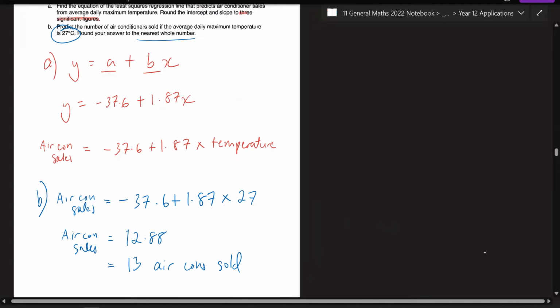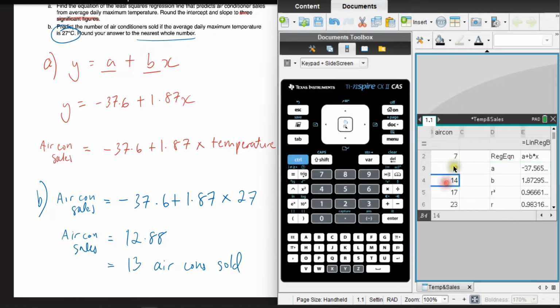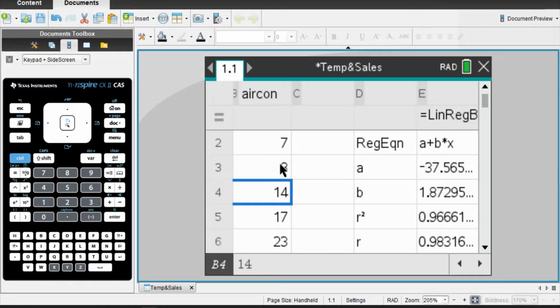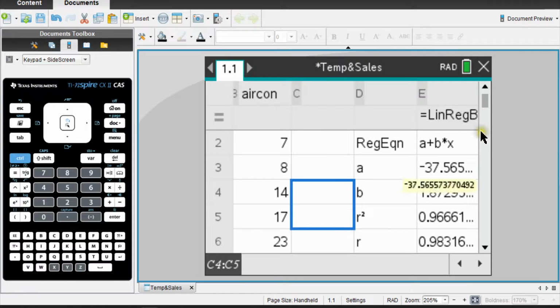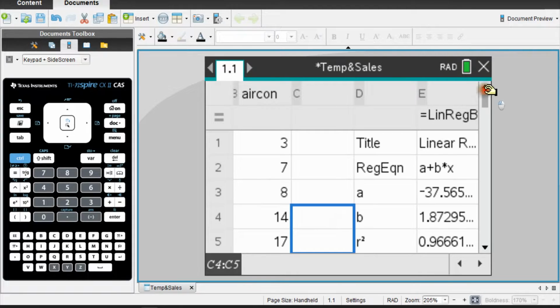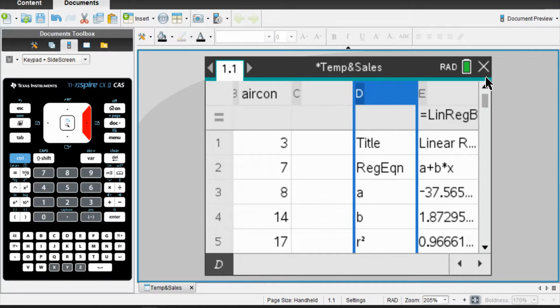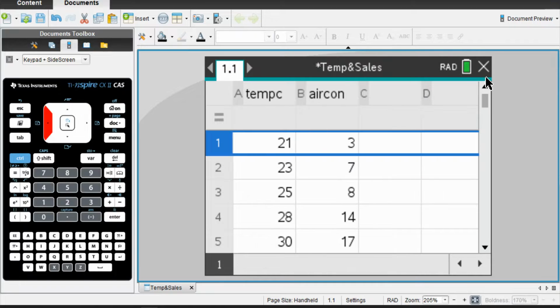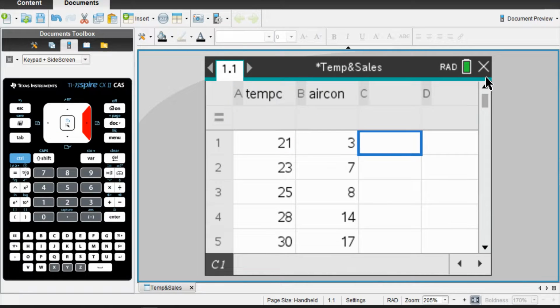So the main thing you need to remember how to do here is how do you put your data in a calculator to get your least squares regression line. And to do your least squares regression line, let me do this here real quick. Okay, if you forgot how to do that, put your data in, make sure you know what EV and RV is.